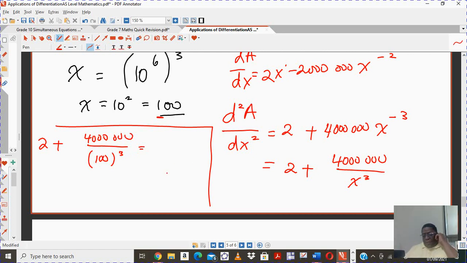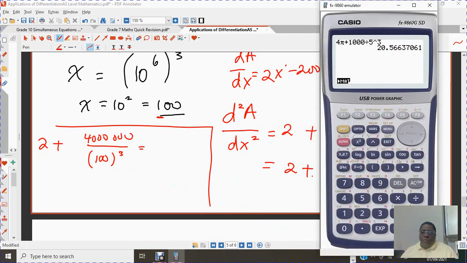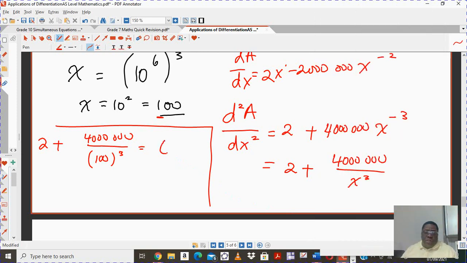So it's quite a heavy number here. So let's bring in our calculator just to be on the right path. Let's clear that display. So you have 2 plus 4 million, and we're going to divide that by 100 cubed. Okay, 100 cubed is a million. So we get an answer of 6.